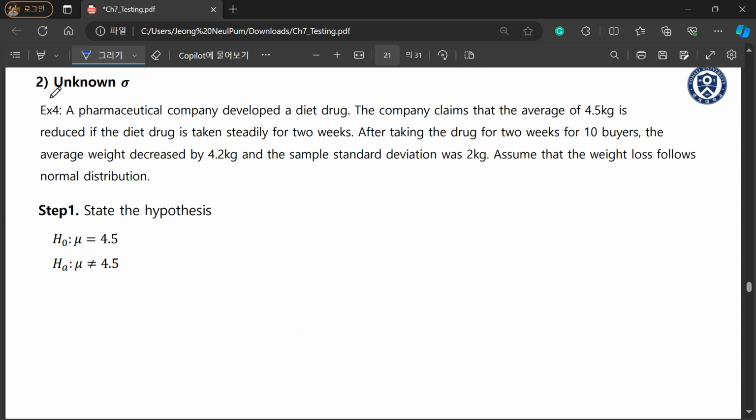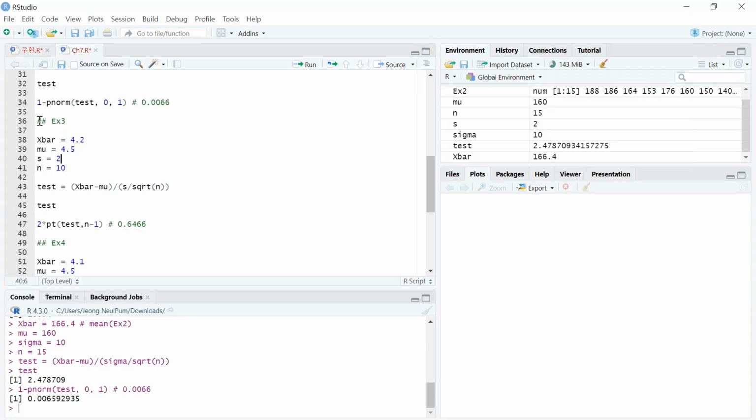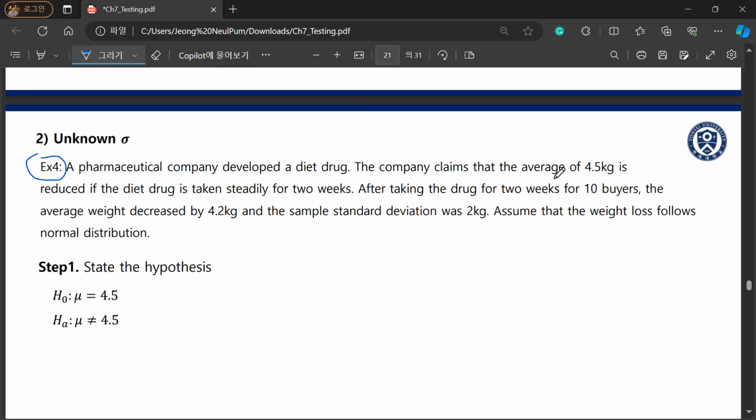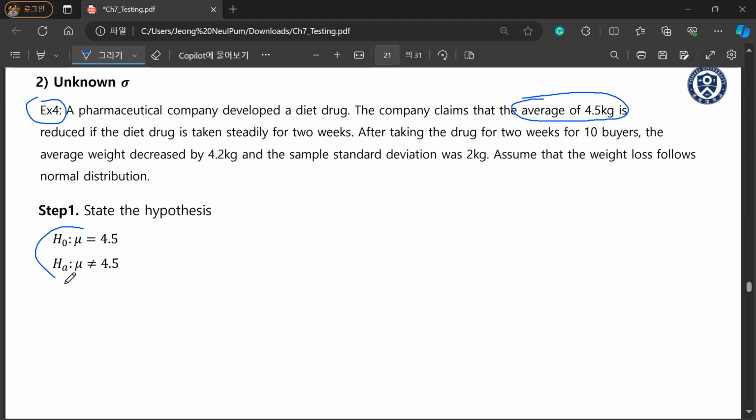So this is example number 4, and in the code it is named example number 3, so don't be confused. And the average is 4.5, they say, is their claim.